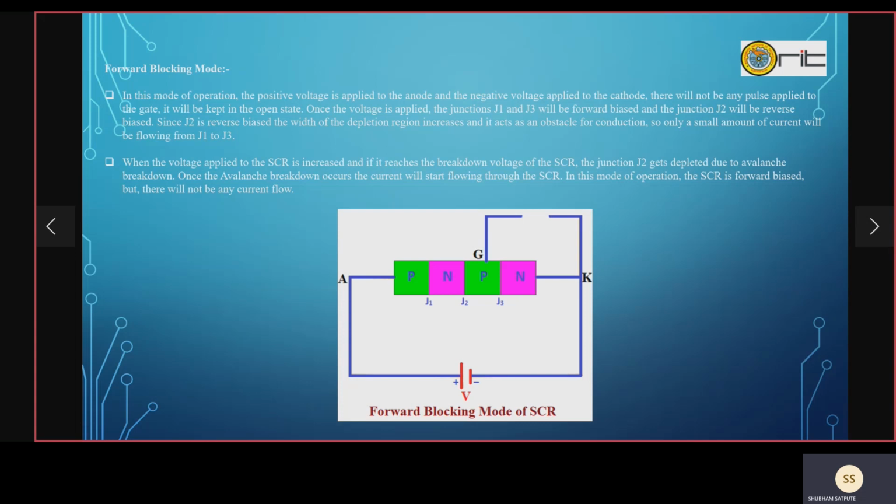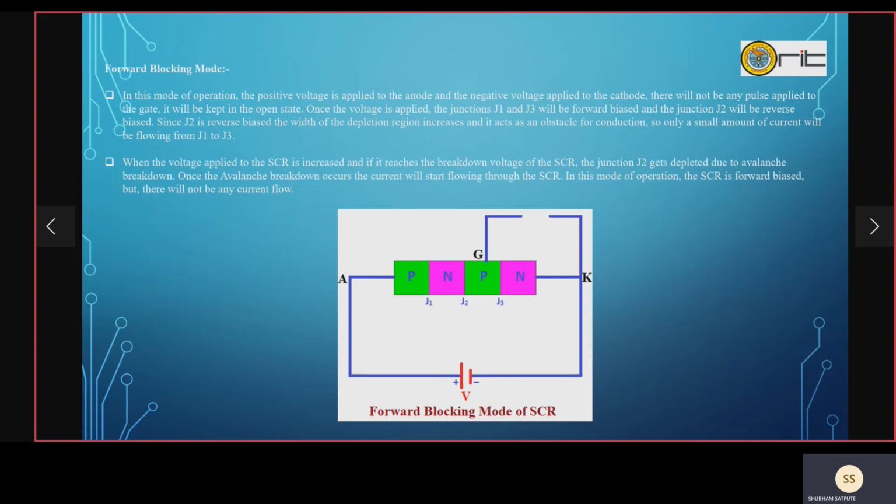Once the voltage is applied, the junctions J1 and J3 will be forward biased and the junction J2 will be reverse biased. Since J2 is reverse biased, the width of the depletion region increases and it acts as an obstacle for the conduction. So only a small amount of current will be flowing from J1 to J3.